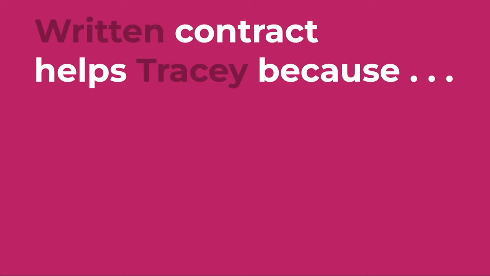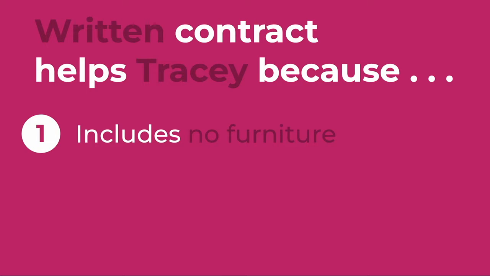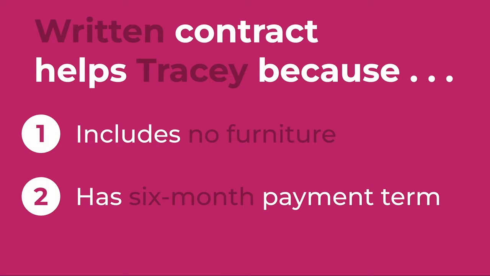So here, obviously, everything is favorable, assuming I really do want the furniture from the hotel, then we can say that the written agreement helps me because it includes no furniture, right? I'm having to give you less, although to be fair, in real life, I would have to find something to do with all that furniture. But, and you have to pay me sooner, in 6 months rather than a year.